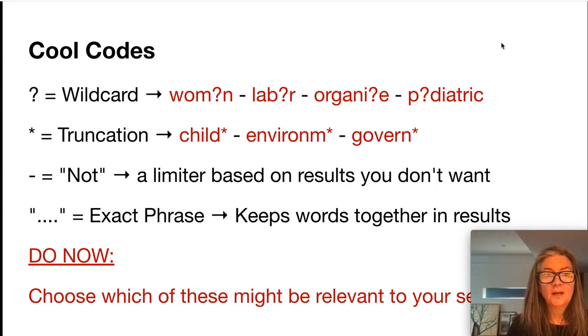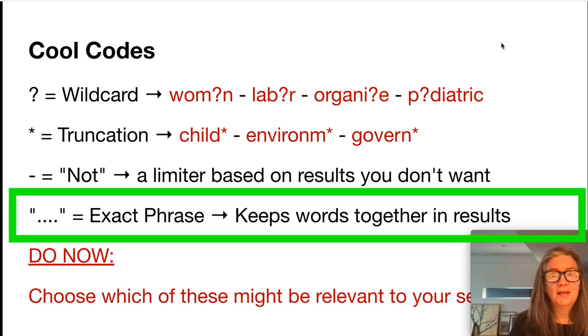The most powerful code, I hope you already know, is the quotation marks. And whenever you have an exact phrase that needs to stay together, the only way the search engine will know that is if you put quotation marks around it. So, like Amnesty International, for example, the organization.